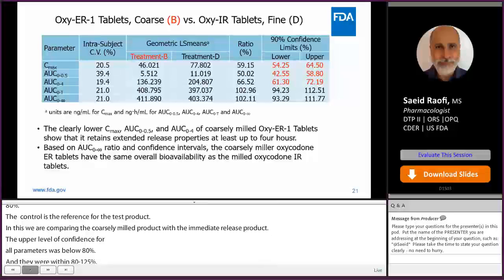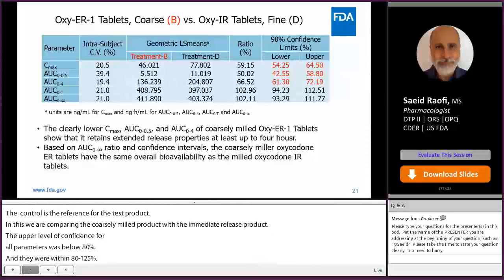Now, this is showing the PK parameter values for the comparison of the coarsely milled oxycodone tablets to the immediate release product.